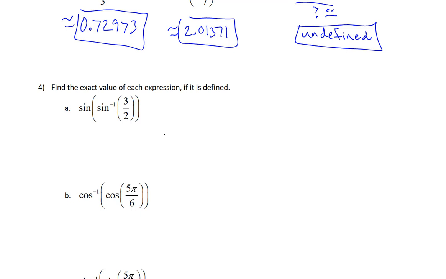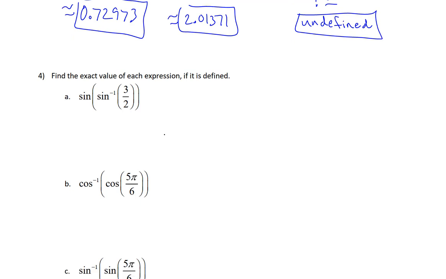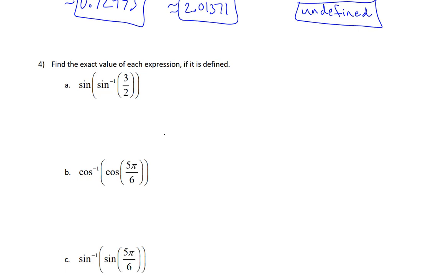Okay, for our last set of examples in this topic, we're going to find the exact value of each expression, if it is defined, but this time we're going to have nested trig functions, one with an inverse of itself. So, for example, example 4a says we want the sine of the sine inverse of 3/2.